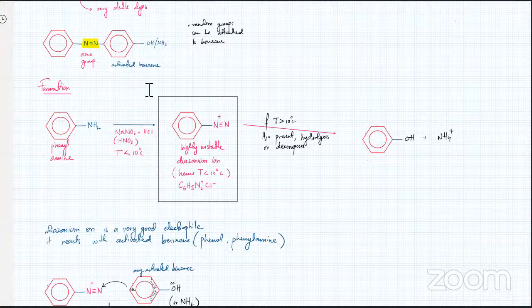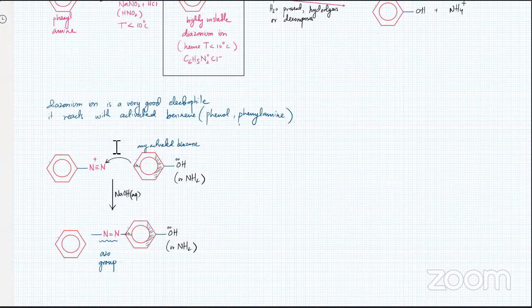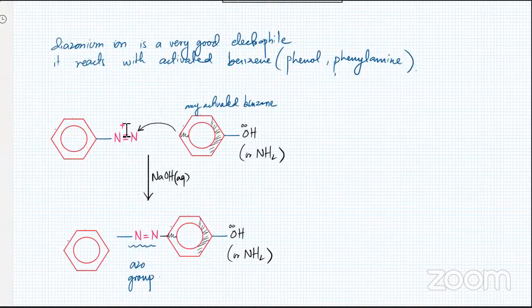The diazonium ion was a very good electrophile. It has a positive charge and will be attracted to the electron cloud in benzene. But the benzene has to be an activated benzene. So it's either got to have an OH group or an NH2 group so that it's activated. The electron density should be higher at positions 2, 4, and 6.